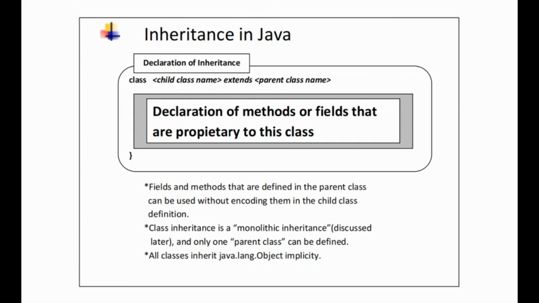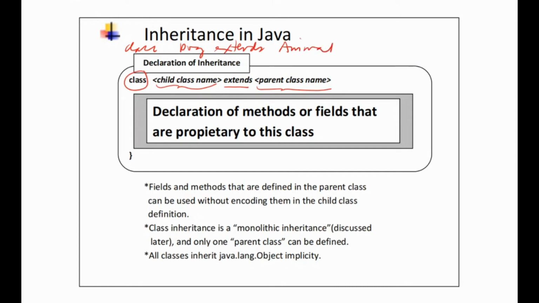So looking back at the syntax to employ inheritance, after the keyword class, you specify the child class or subclass name, followed by the keyword extends, and followed by the parent class or superclass name. So like in our case, we say class Dog extends Animal.